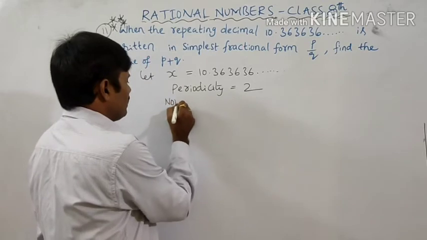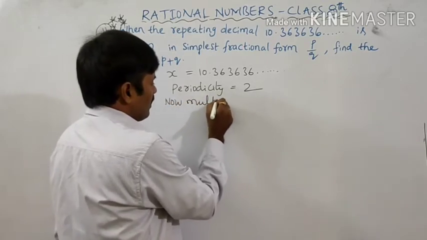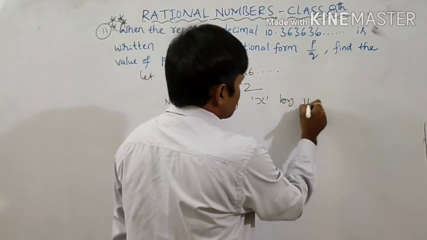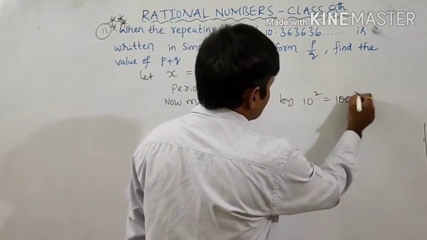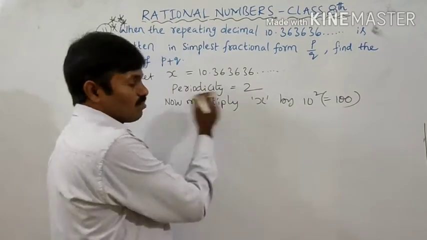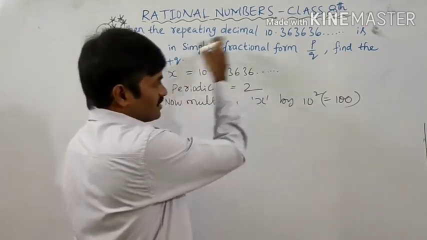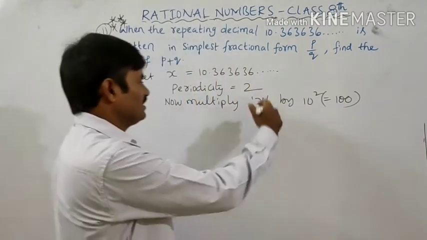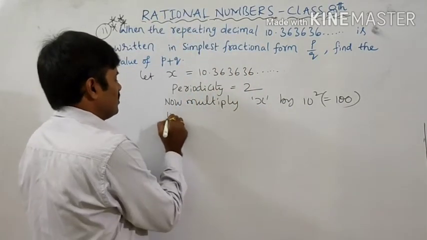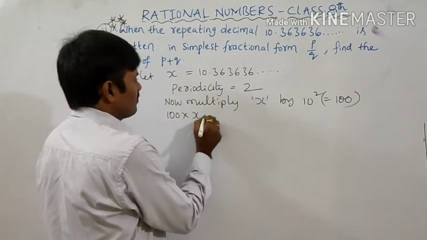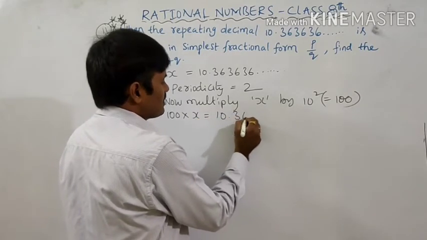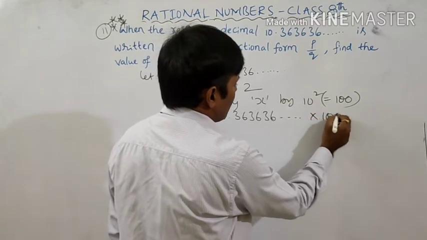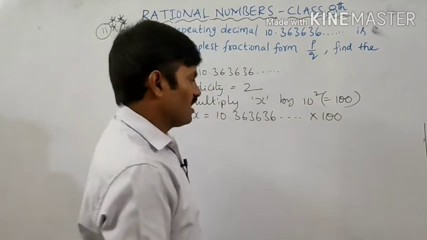Now multiply x by 10 square, that is 100. On both sides, 10.363636 and so on also should be multiplied by 100.